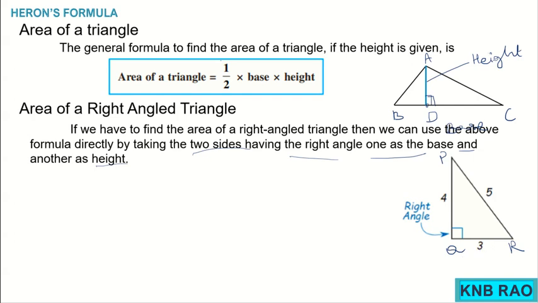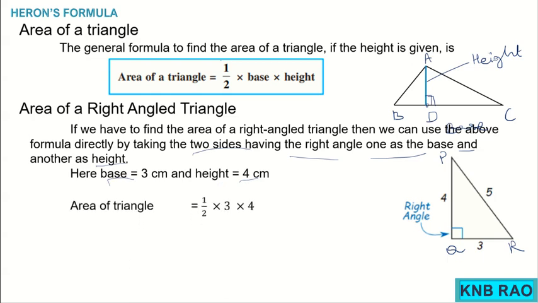So here in this right angle triangle PQR, where QR is 3 centimeter and PQ is 4 centimeter, I am considering 3 centimeter as the base and 4 centimeter as the height. Thus the area is half into 3 into 4, which gives you 6 centimeter square.